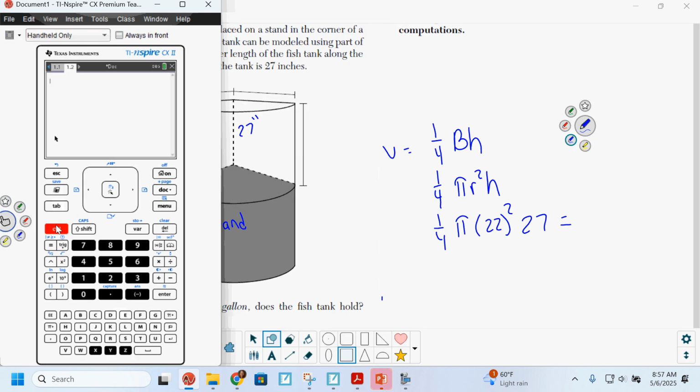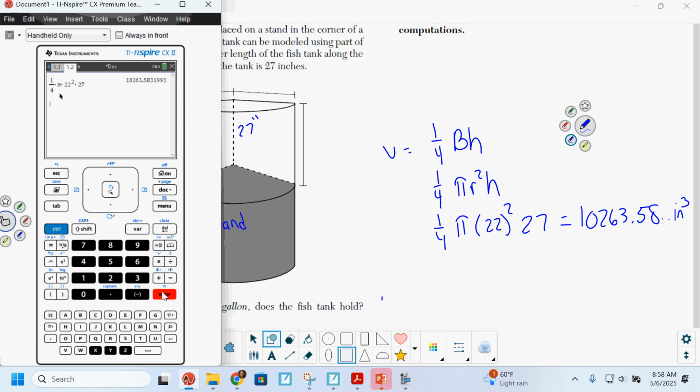So let's see, I've got 1/4 times pi times 22 squared times 27. So I've got that number. And everything was in inches, so this is inches cubed.